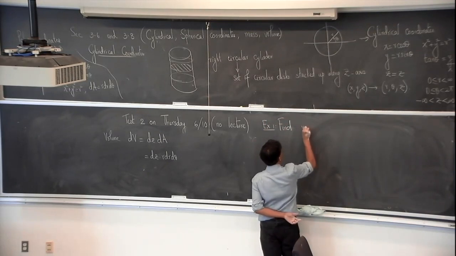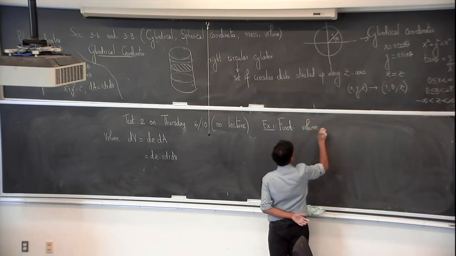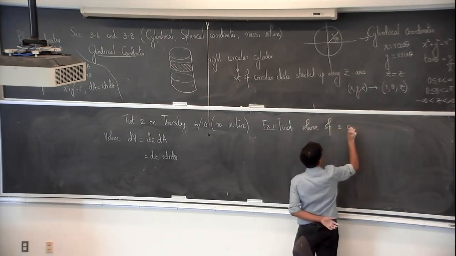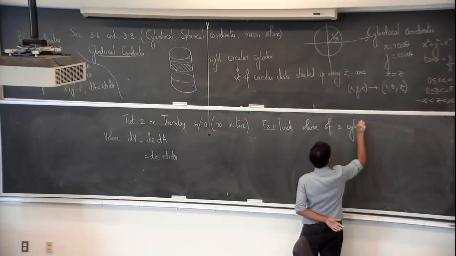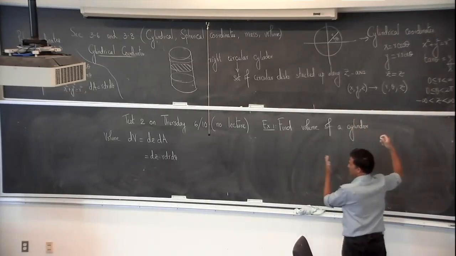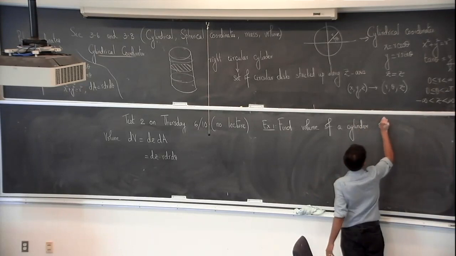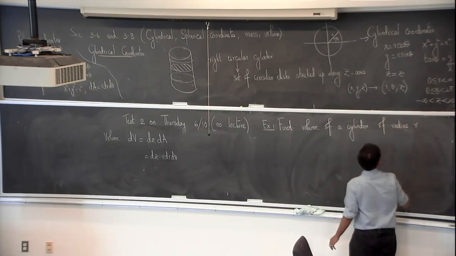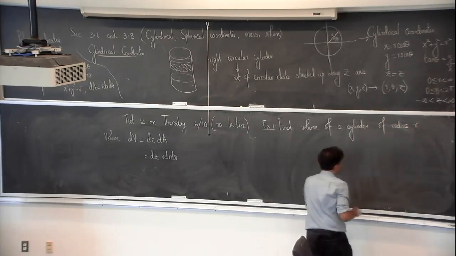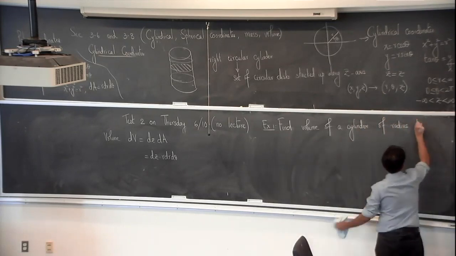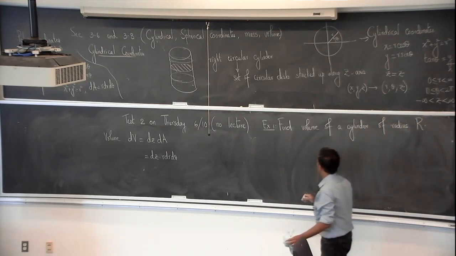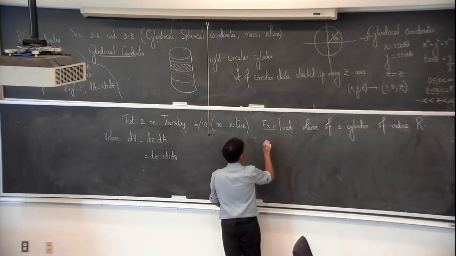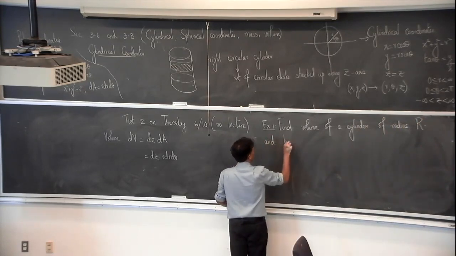Find the volume of a cylinder. Once again, that is a right circular cylinder of radius capital R. Let's not mix up letters. And height capital H.